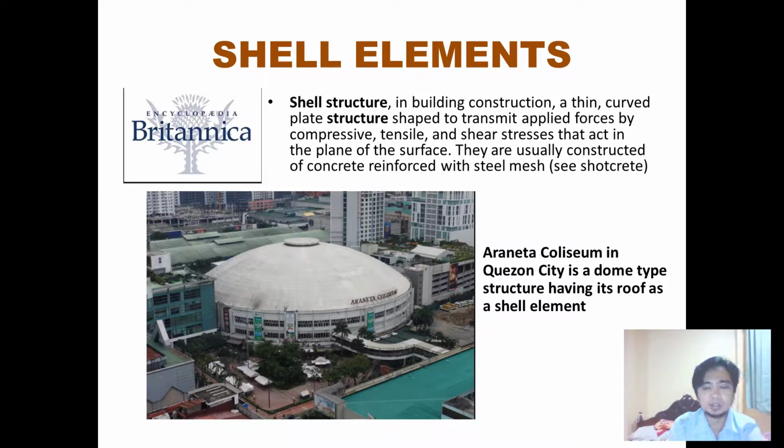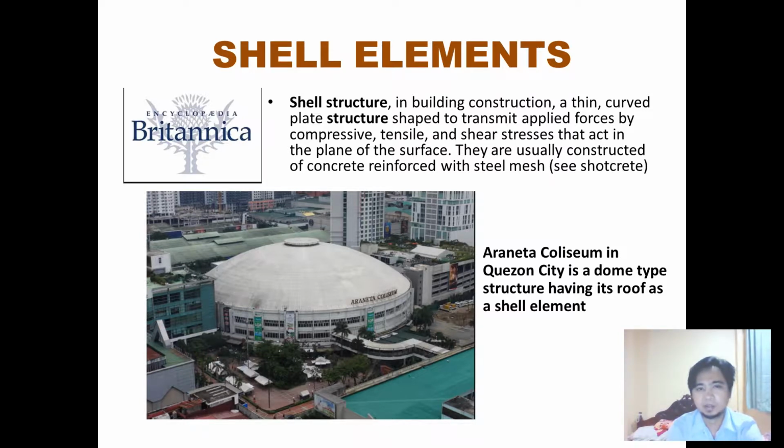It is a tremendous span, and it could be a shell element. The feature of a shell element could be installed on a larger span covering the roof of a coliseum, like in Araneta.